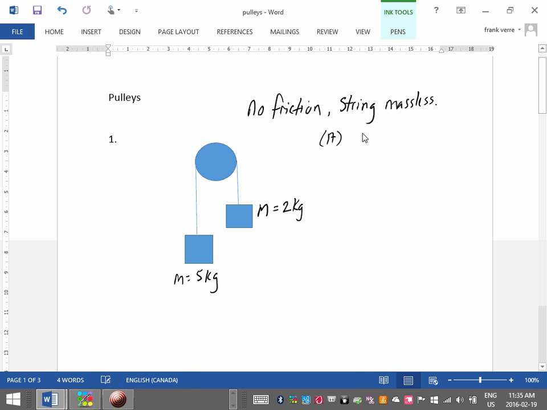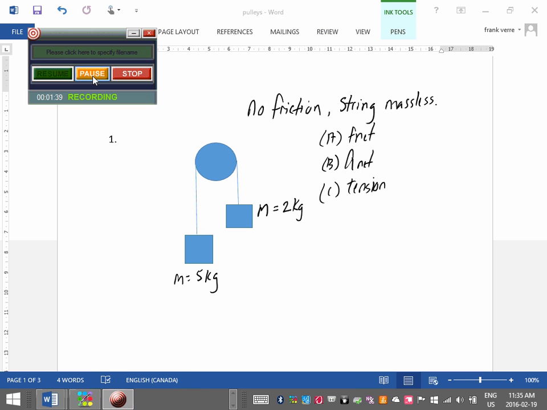We want to calculate net force, net acceleration, and the tension in the string. Okay, that's what we're going to look at. All right? Just pause for a second.